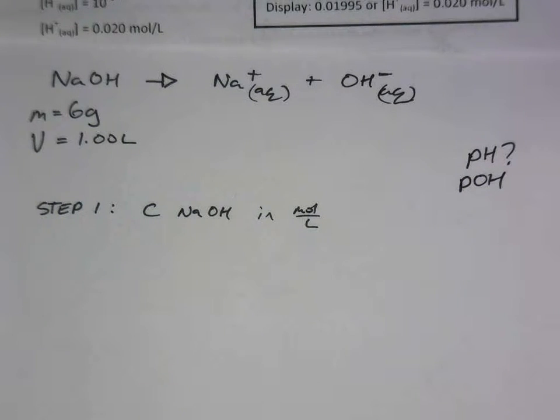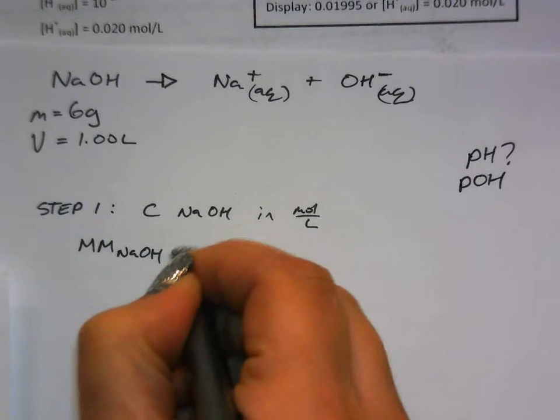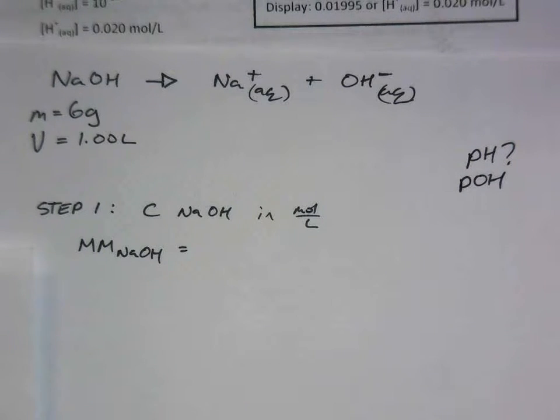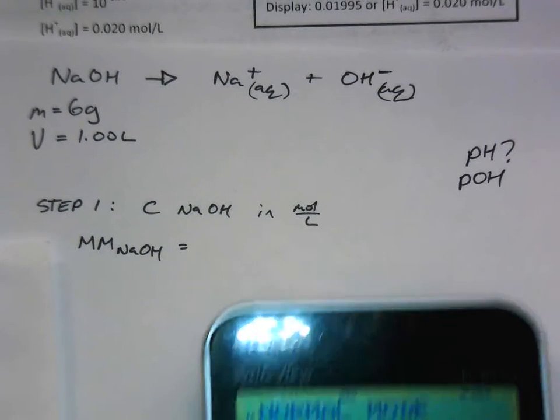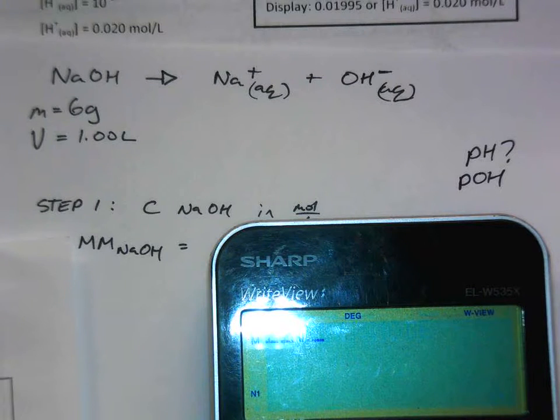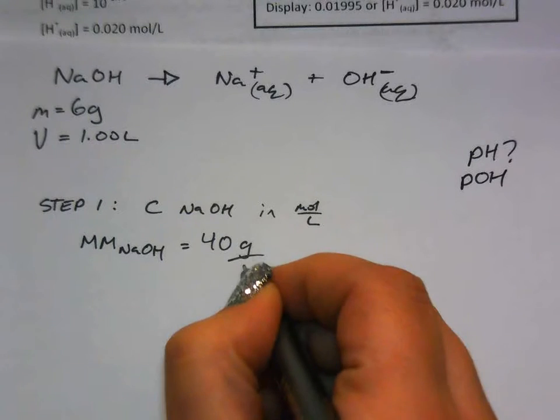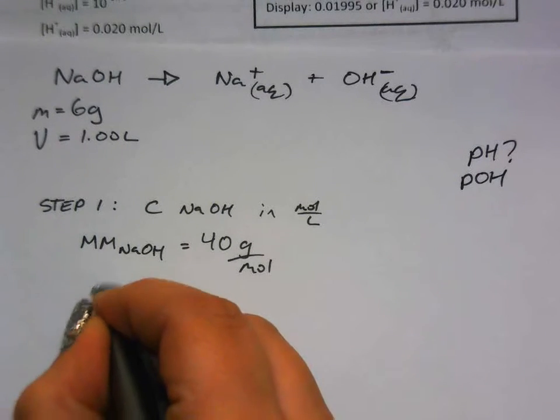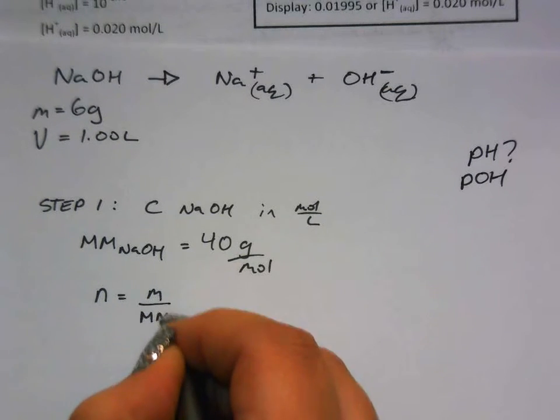Alright. So, I have mass. I want the molar mass of NaOH. Any time I'm given mass, I want the number of moles. So, sodium plus oxygen plus hydrogen, 40. That means my number of moles is equal to mass divided by molar mass.